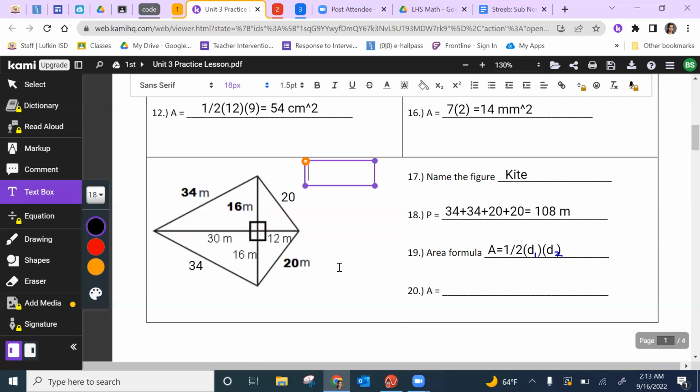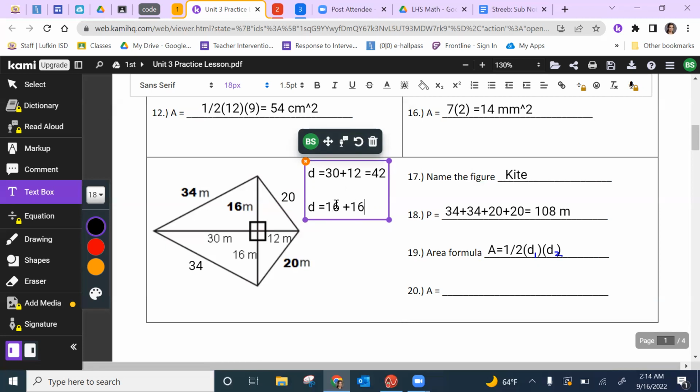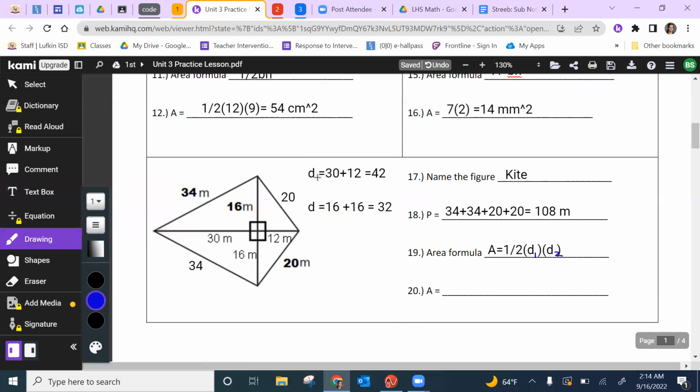So you have to add up the lengths going all the way across. So we're adding 30 and 12. That gets us 42 for one of the diagonals. And then for the other diagonal, again, going all the way across, we're adding 16 and 16. And that gets us 32.